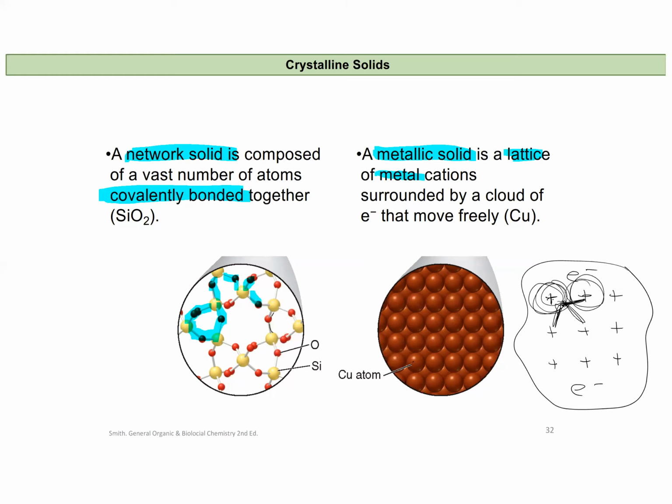And so we just kind of see this as this large cloud of electron density around the nuclei of copper atoms.